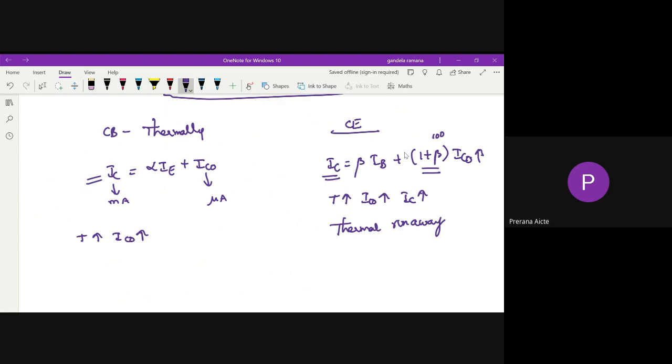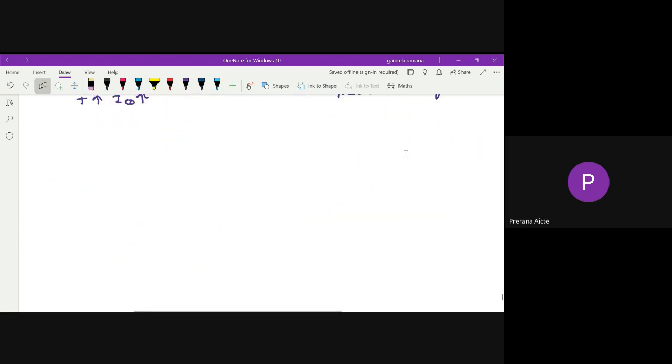The next one, H parameters. So we know very well in networks, Z parameters, Y parameters, H parameters, ABCD parameters.